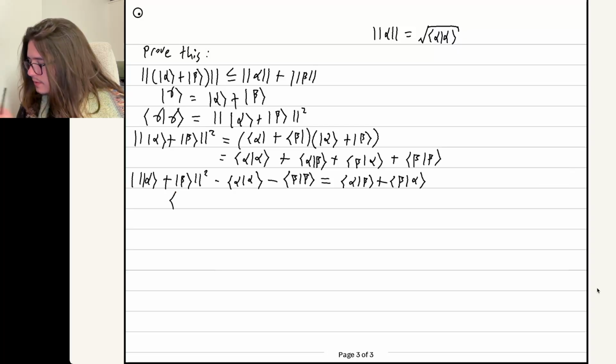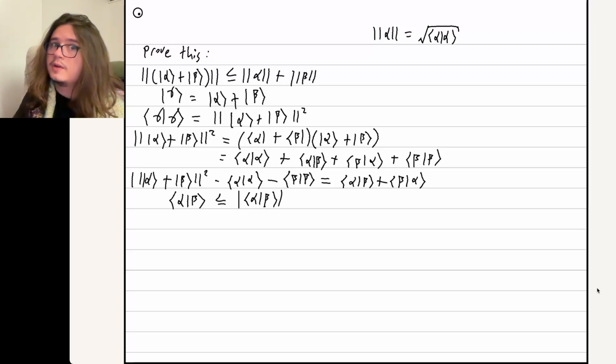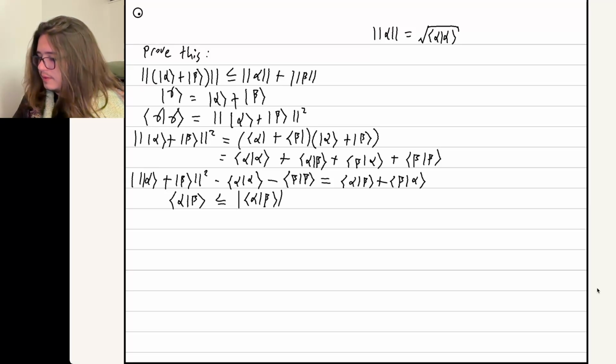But generally, any sort of inner product of something is going to be less than or equal to the mod of said inner product, right? That just being because the inner product of a vector with anything is some kind of complex number. But if you take the mod of that complex number, you're going to get a positive number that ends up being real.